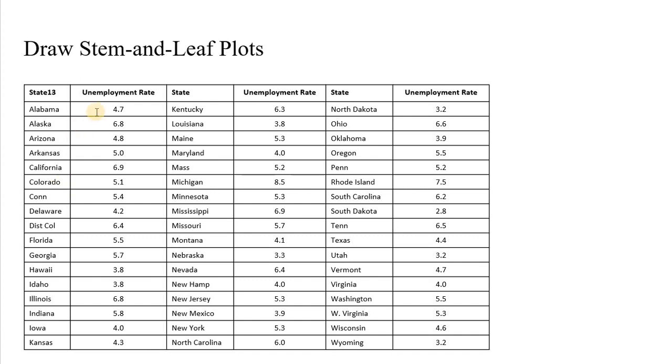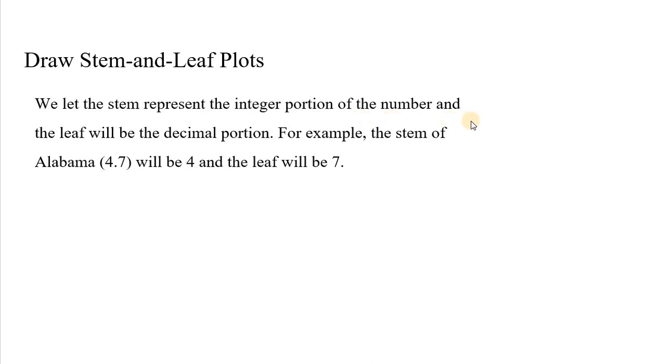So if we look at Alabama, which is the unemployment rate is 4.7, 4 is going to be the stem, and the leaf is going to be 7. So we determine the leaf first, and then the rest of the number is going to be the stem.